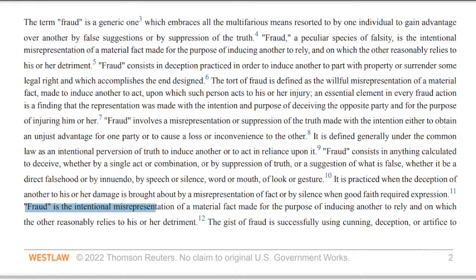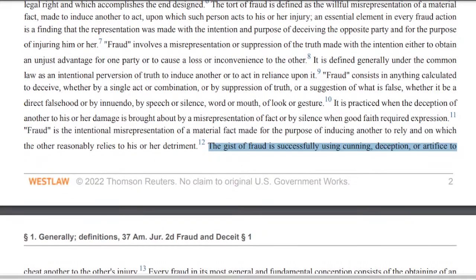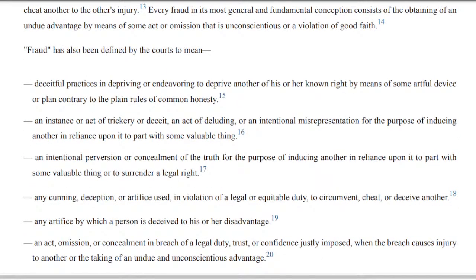Fraud is the intentional misrepresentation of a material fact made for the purpose of inducing another to rely and on which the other reasonably relies to his or her detriment. The gist of fraud is successfully using cunning, deception, or artifice to cheat another to the other's injury.